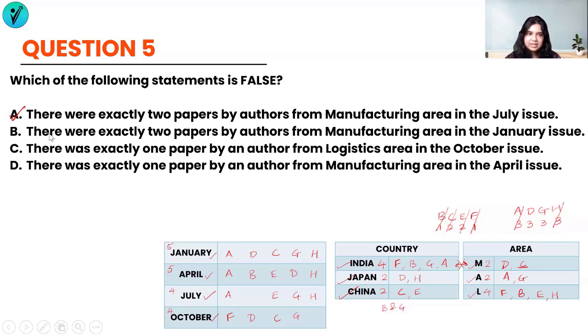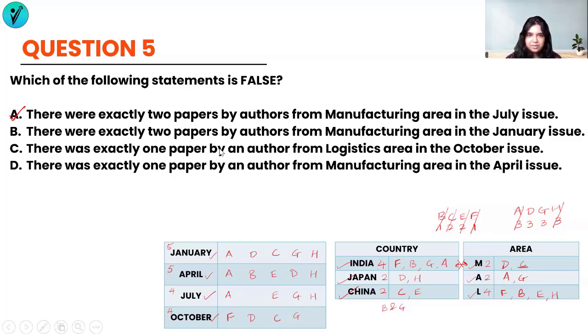You may want to go ahead and check the other options when you have the spare time, but not exactly during the exam time. But let's take a look since we have the leisure of time over here. There were exactly 2 papers by authors from manufacturing in January. Manufacturing is D and C, yes, and that is true.